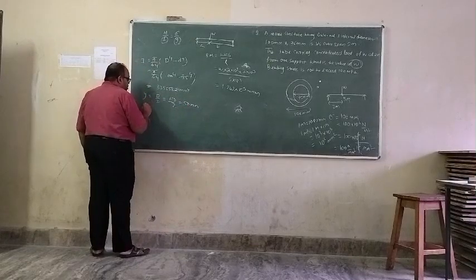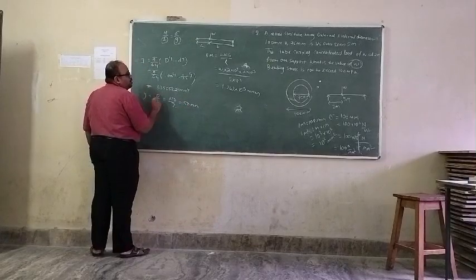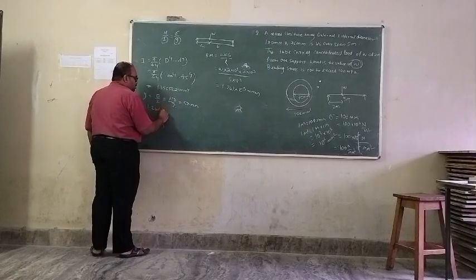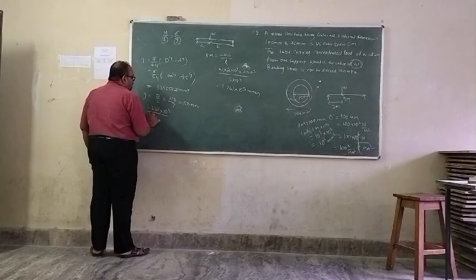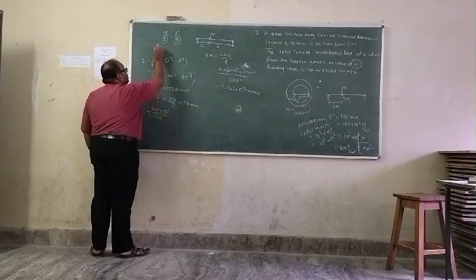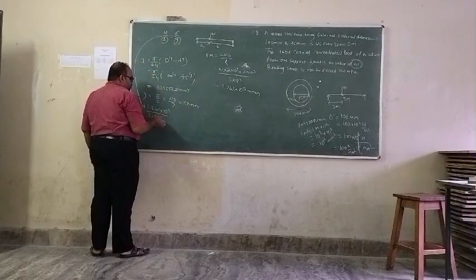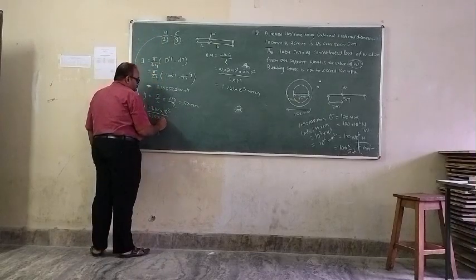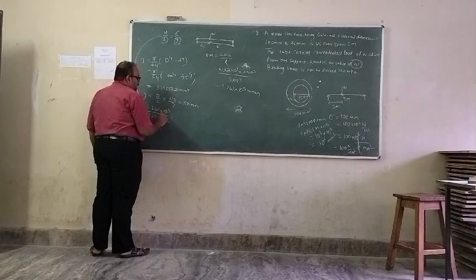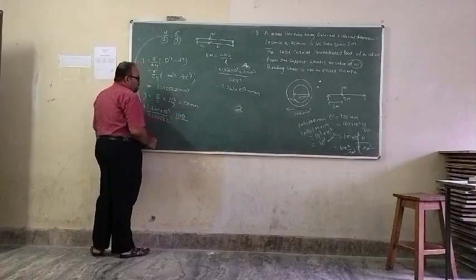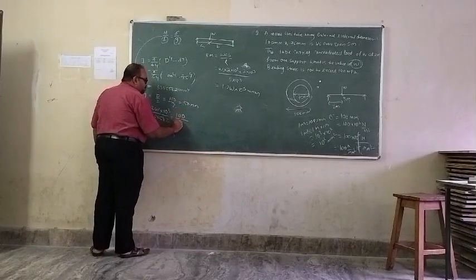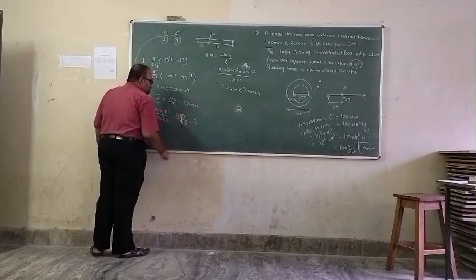So I put here M divided by I. M is this one, 1.2 W multiplied by 10 to the power 3, divided by I value is 3355. This is I am putting here M divided by I equals stress divided by Y, stress is 100 Newton per mm square, and Y is 50.